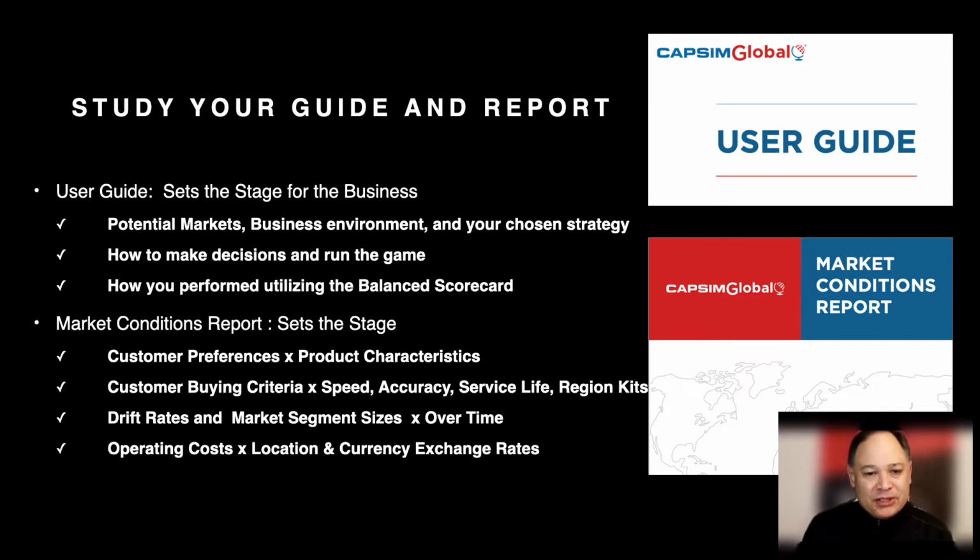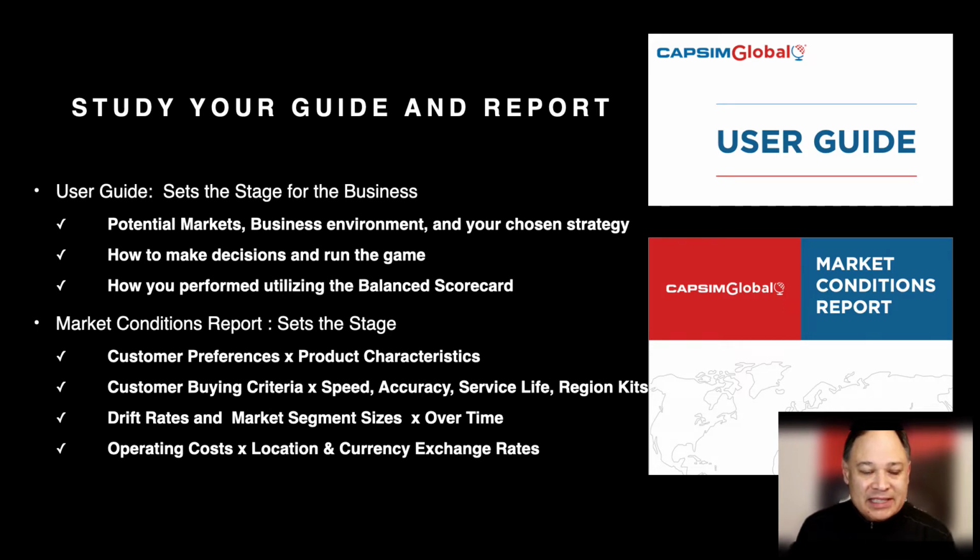The market conditions report sets the stage also for what the market is, particularly the consumer preferences for the products you're offering and the product characteristics. So you'll have to make trade-offs between what kinds of product characteristics versus what the consumer prefers versus the financial limitations you have in terms of scarcity of resources.